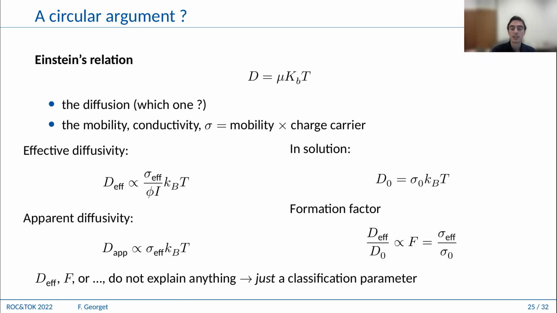Rather, we should see each of them as a classification parameter. And it is a very good option because it means that just by measuring the bulk conductivity, we can get a very, very good estimation of the resistance to chloride ingress.